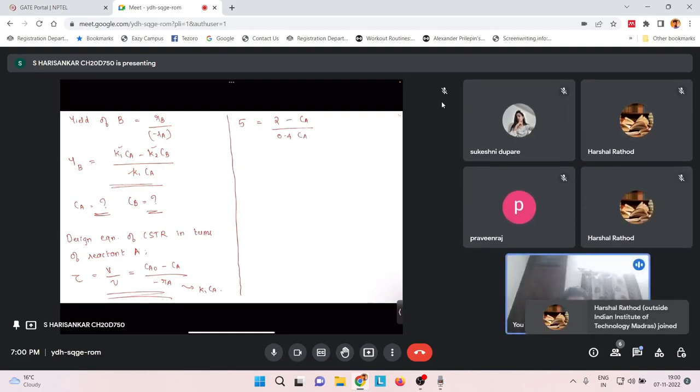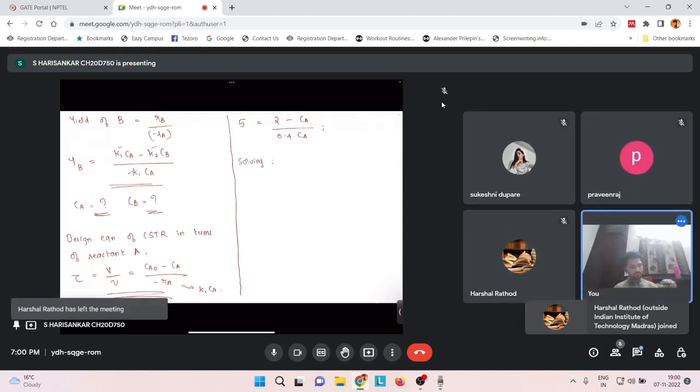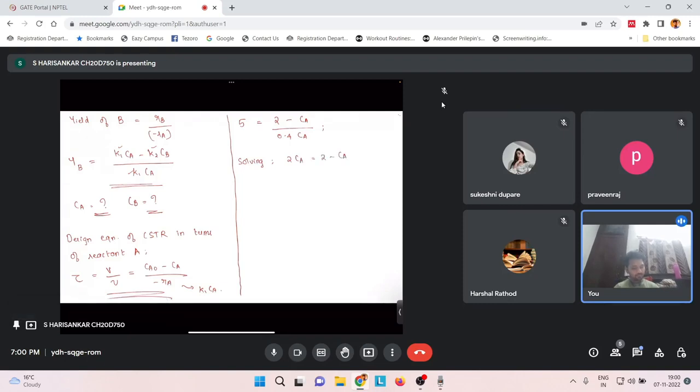Now if we solve this, we will get 2 Ca is equal to 2 minus Ca, or basically Ca will be 2 by 3, and that will be 0.667 mole per liter. So this is the value for Ca.